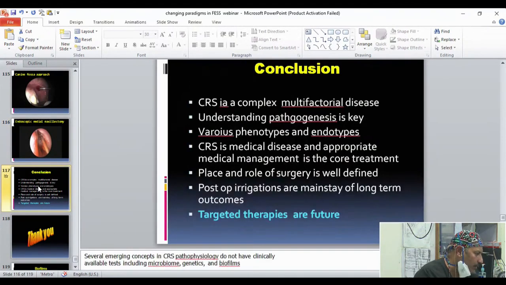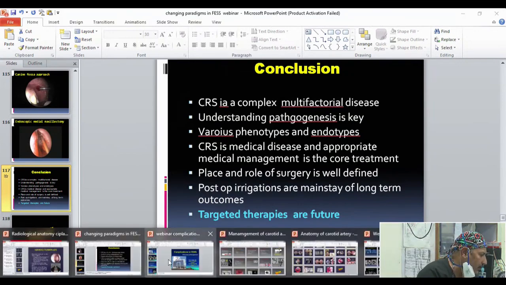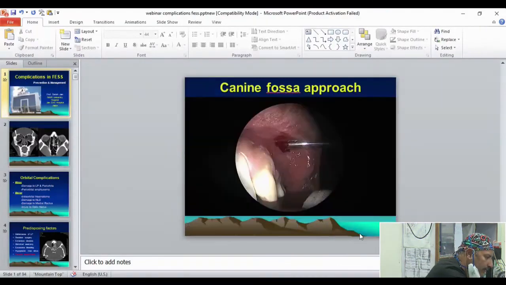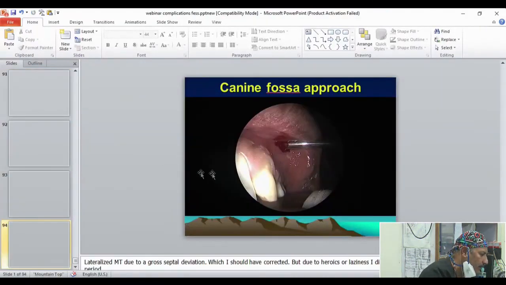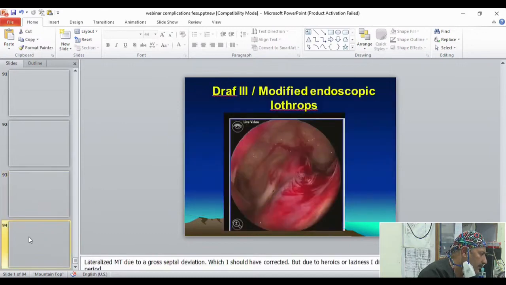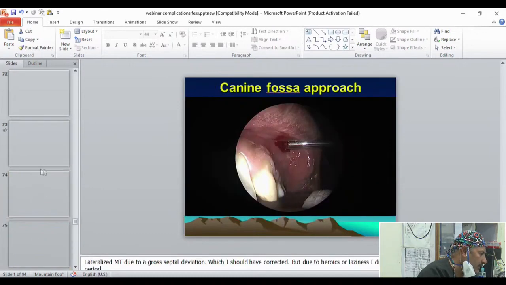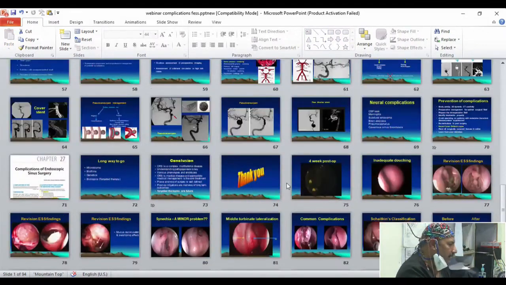So what I want to say overall, CRS is a complex multifactorial disease. It's not a simple disease. You can compare it to a syndrome, where multiple things are contributing to the severity of the disease, and it's not a simple situation where one can think of treating all cases in a similar way.